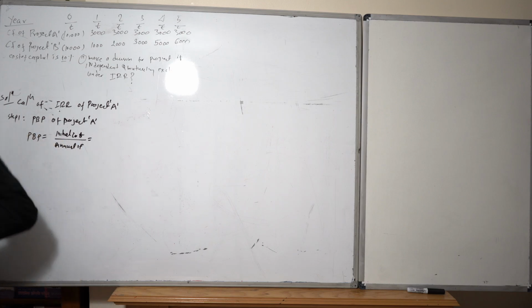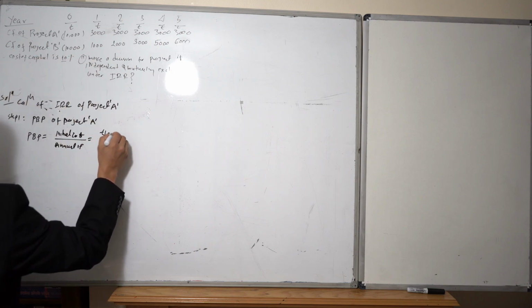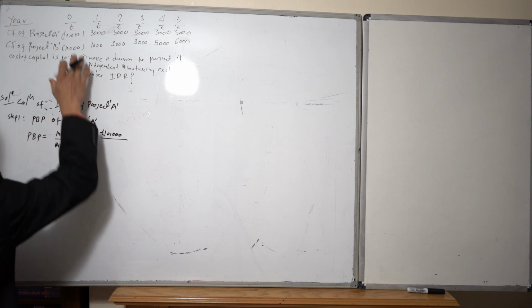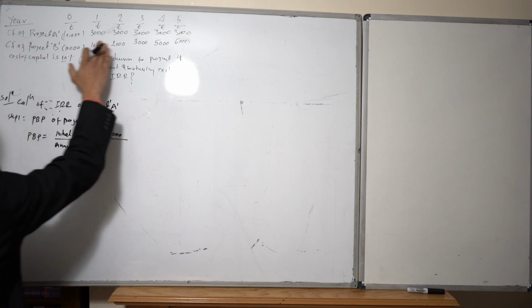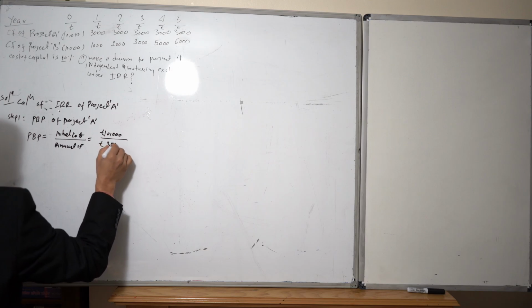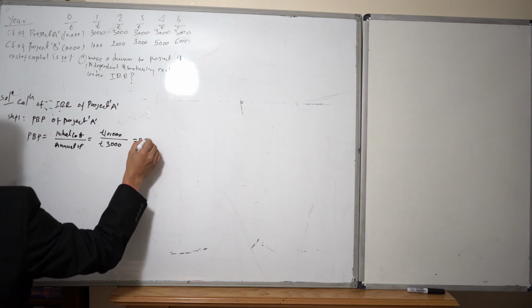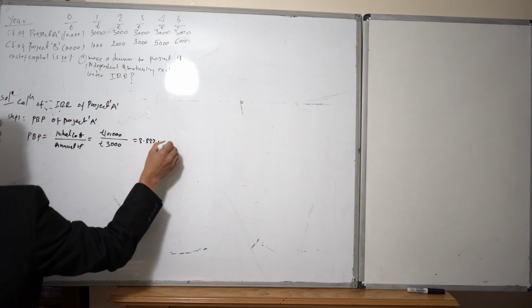We know that the initial cost is 10,000 pound. Then the annual cash flow for project A is 3000 for all the 5 years, so that means 3000 is here. Then we get the value, payback period 3.333 years.